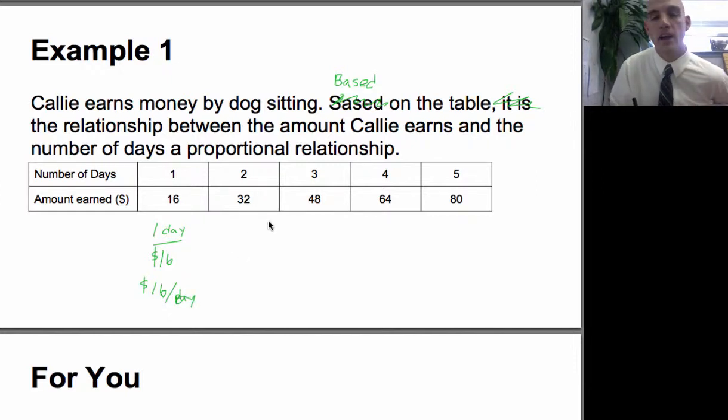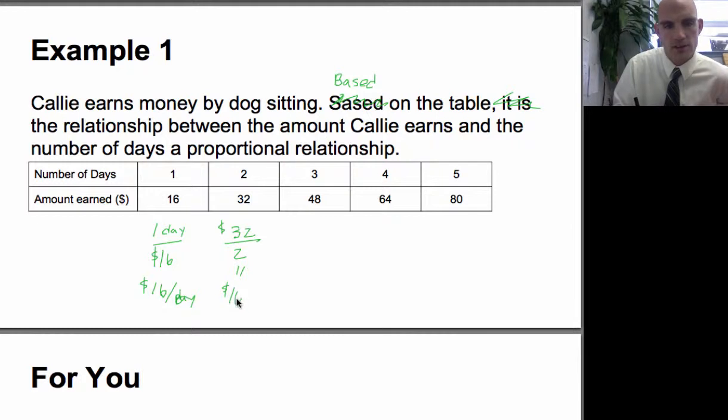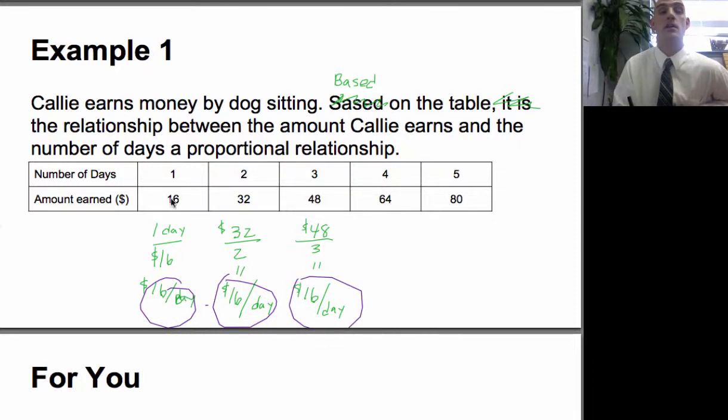What about 2 days? Well, then we're saying, okay, it's $32 over 2 days is equal to 16 per day. $48 for 3 days. Well, 48 divided by 3 would give me $16 per day.